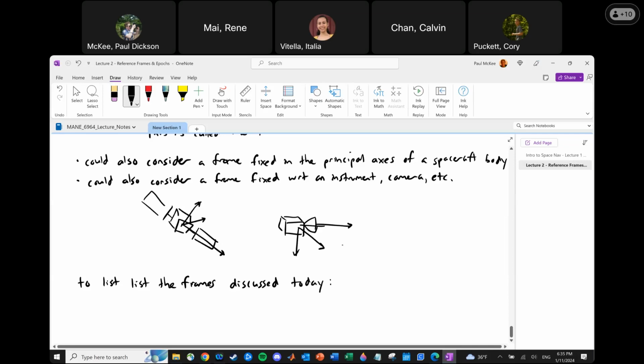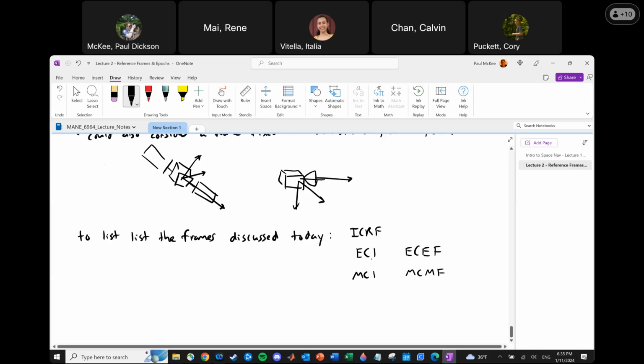There was the moon-centered inertial frame, the geocentric celestial reference frame, yep. And there was one more, the International Celestial Reference System. Yep. These are the big ones that we're going to use in this class.